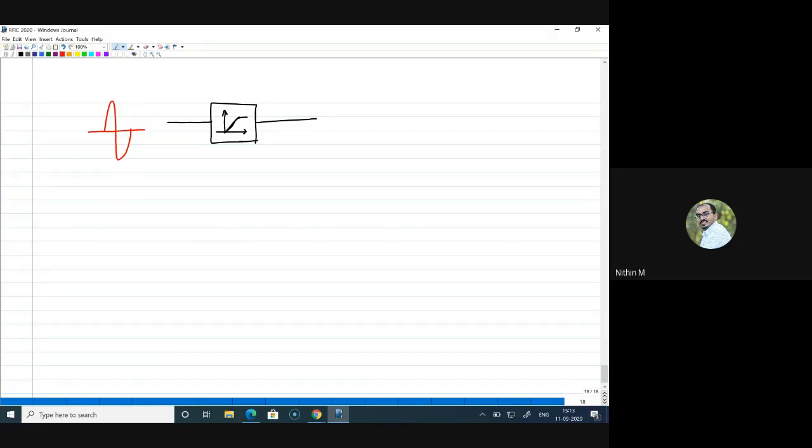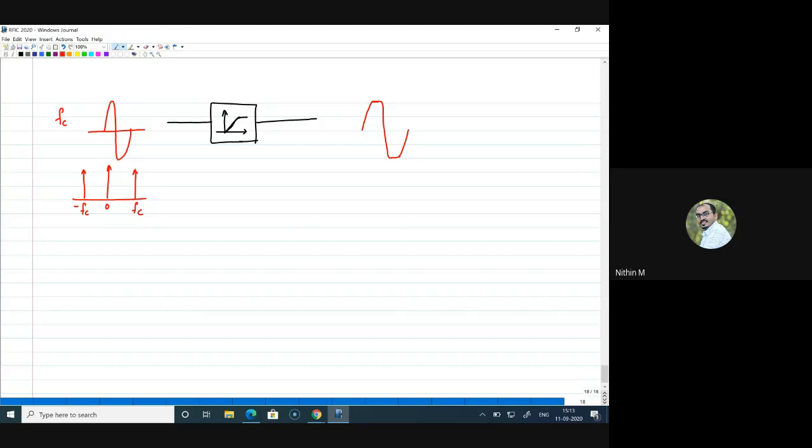So even though you are providing an input signal with the frequency fc, with the pure tones at fc and minus fc, this is how you represent your spectrum. Because of this non-linearity, since your input signal is large, and since the system now is behaving as a non-linear system, you will end up with an output waveform which is distorted.